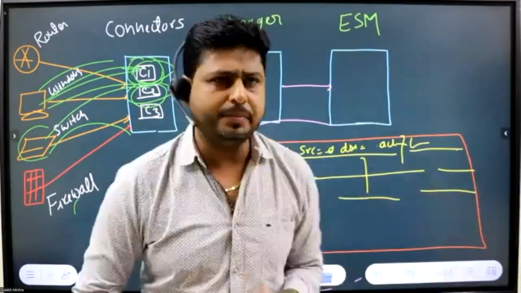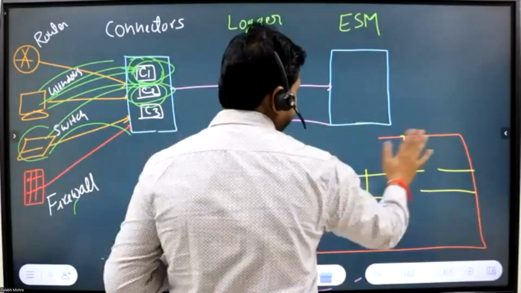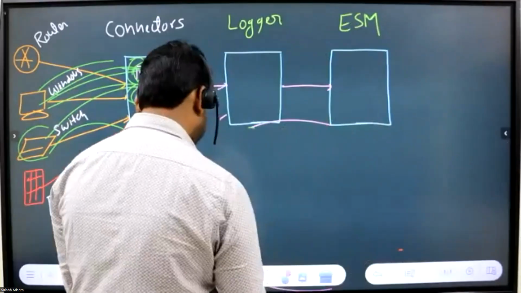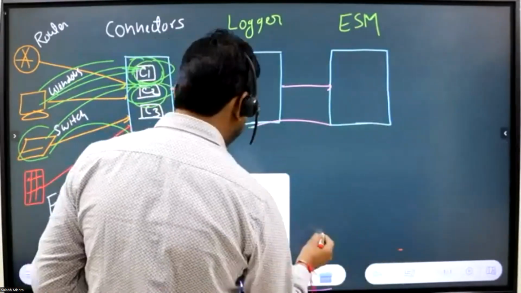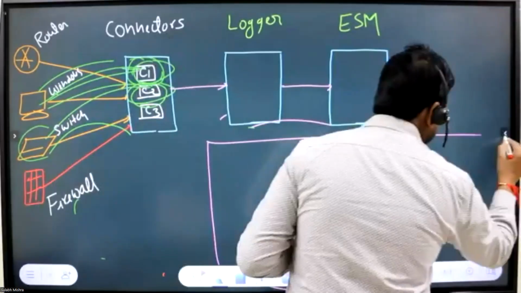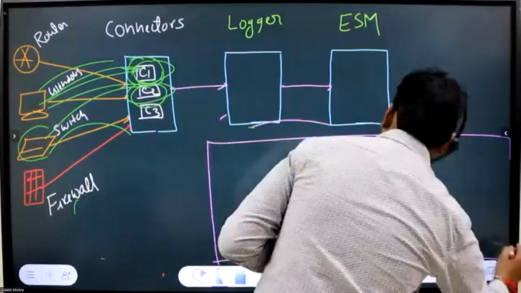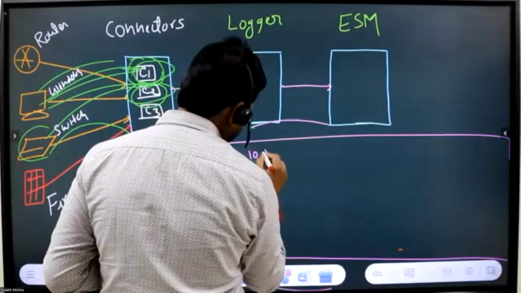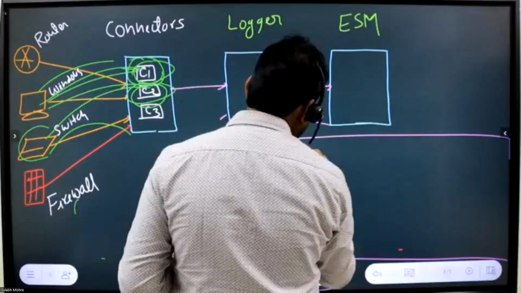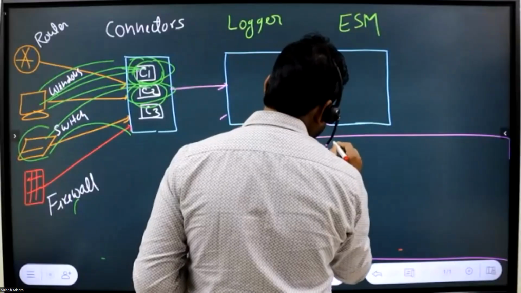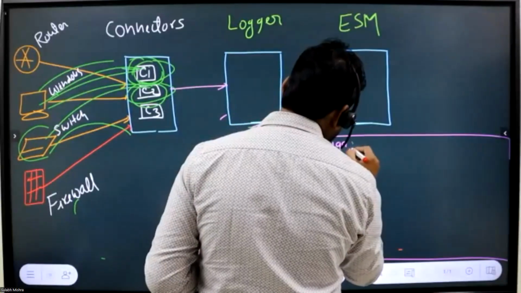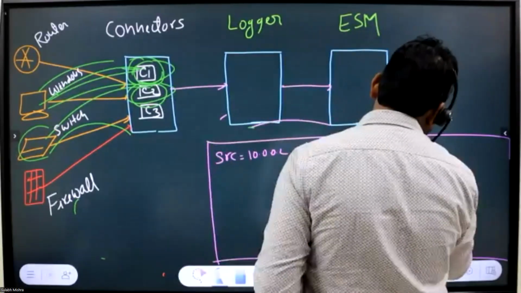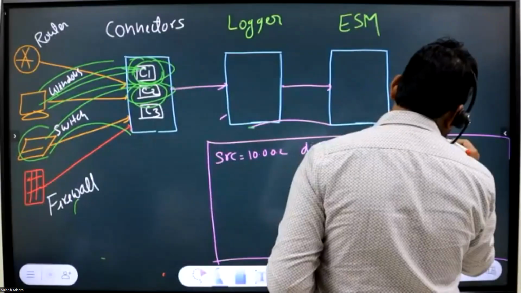To make it more readable, what you can do, if my logs are like this: SRC is equal to 10.0.0.2, DST is equal to 199.0.2.100, action is equal to allow.